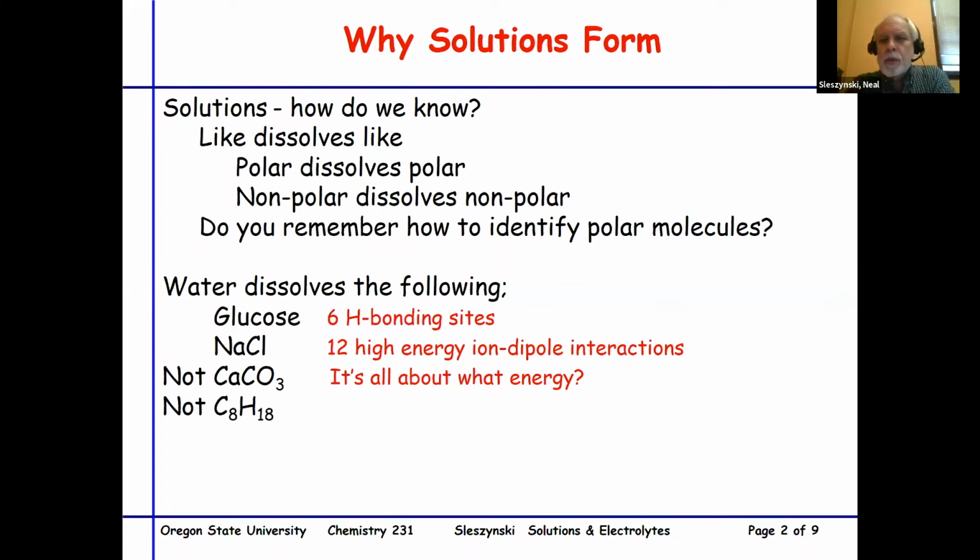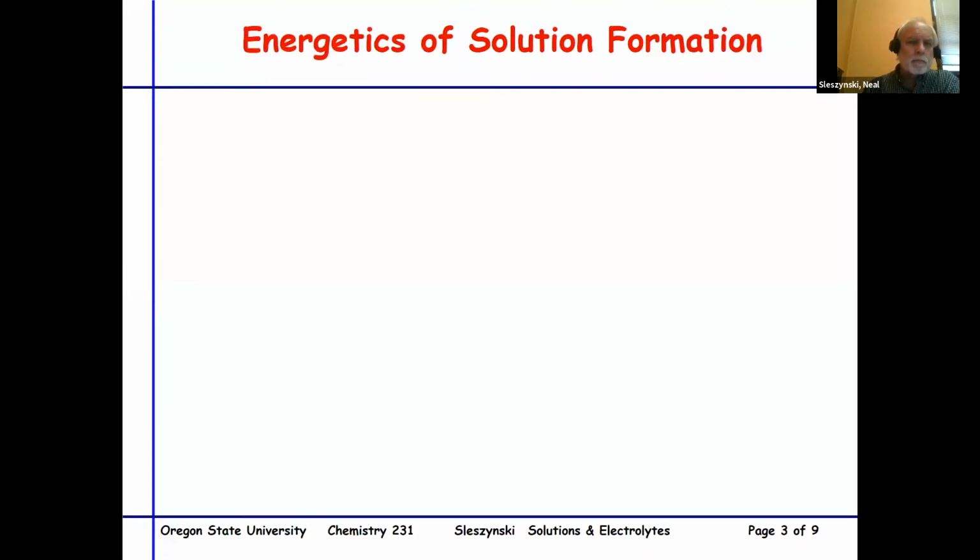Finally, a hydrocarbon like octane, with all carbon-carbon and carbon-hydrogen bonds, all of them nonpolar, is also not soluble in water. It's easy to see based on our rule of thumb that a polar solvent is unlikely to dissolve a nonpolar material like octane, so at least our rule of thumb easily works there.